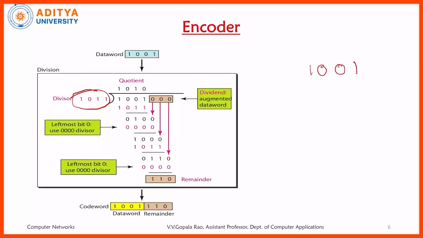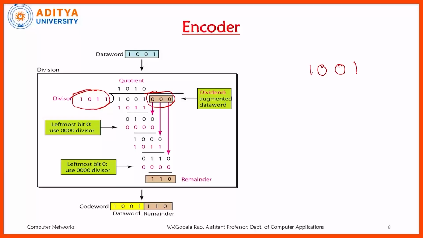In the process, if you count the number of bits in the divisor, it comes to 4 bits. So, to this data word, 3 zeros are to be added. That means you have to add one less than the number of bits available in the divisor, that many zeros, to the data word. Now it comes to 3 because the divisor is of 4 bits, one less means it should be 3.